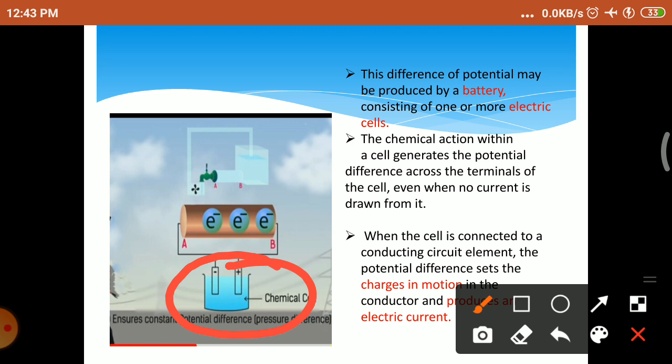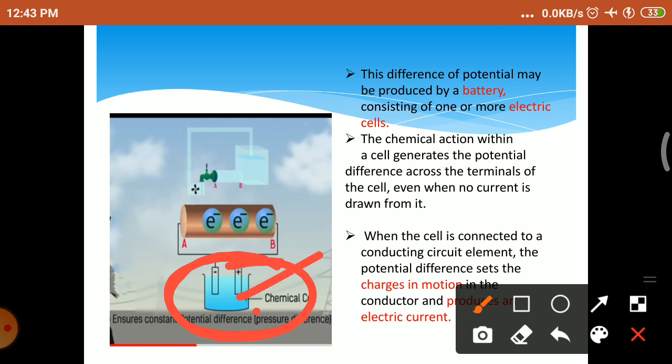The chemical action within a cell generates the potential difference across the terminals of the cell even when no current is drawn from it. When I connected the chemical cell to the conductor, this chemical cell generates the potential difference across the positive terminal and negative terminal of the cell.